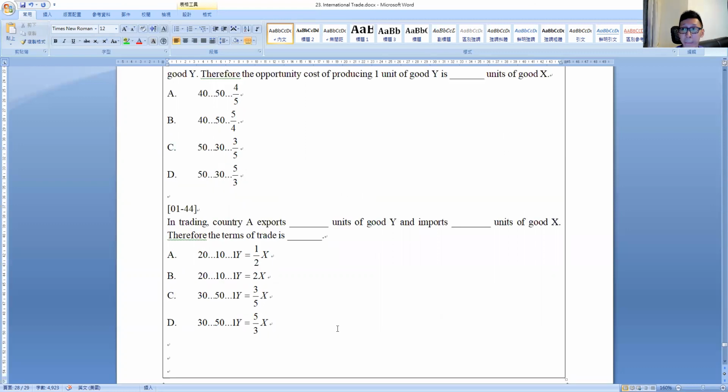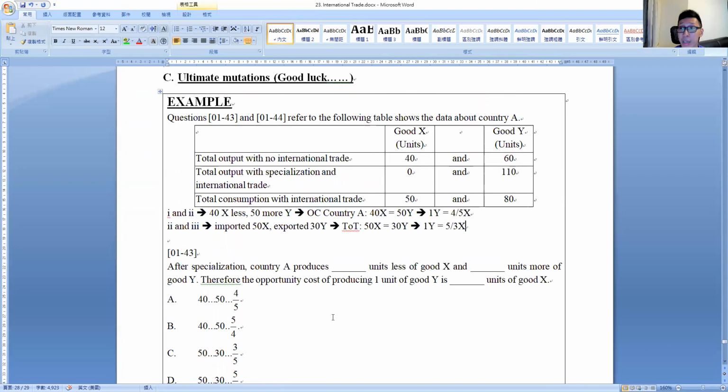And I think that would be yes, answer D. Answer D here. Okay, so this is how we look at such kind of table. Please, these 2 questions, you need to memorize them. Memorize the method. Why?